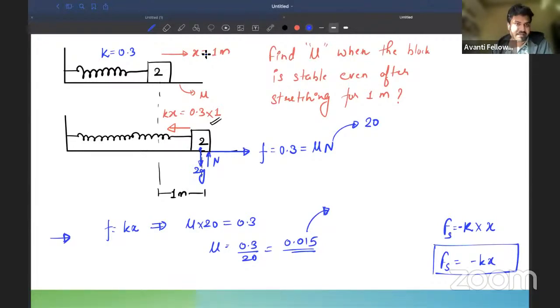If it is disturbed by x in any direction, if it is compressed or stretched, the force of spring will be kx in the opposite direction of displacement. Okay, chalo. So static hoga, correct answer. Because the block is not moving. Block move थोड़ी ना हो रहा है. Block is still, right?